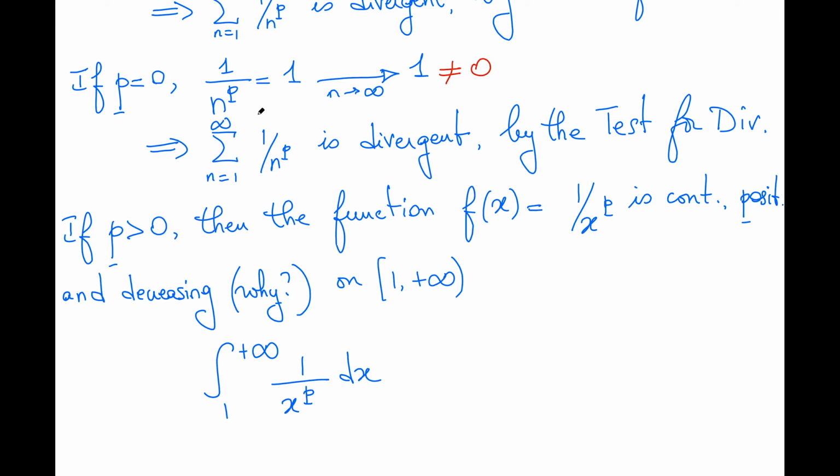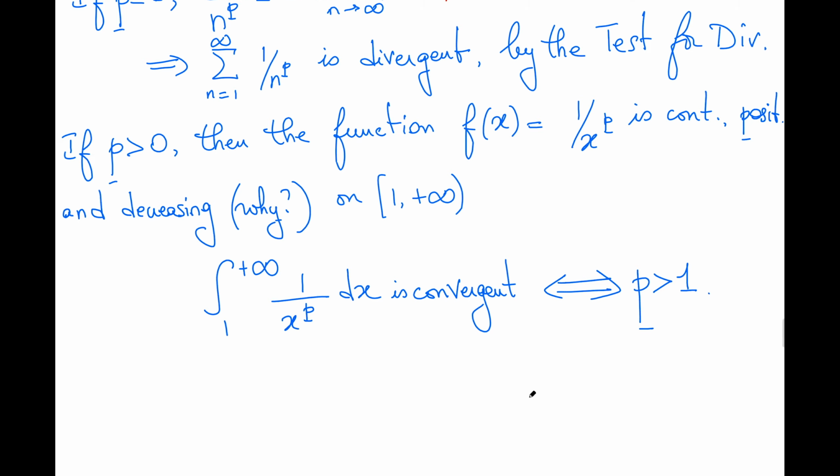Well, this is something we've dealt with in the improper integral section, and we found that this is convergent if and only if p is bigger than 1. This is what we found in that improper integral section.